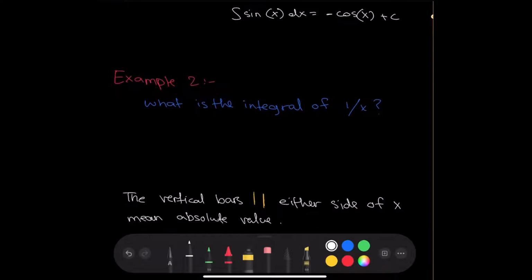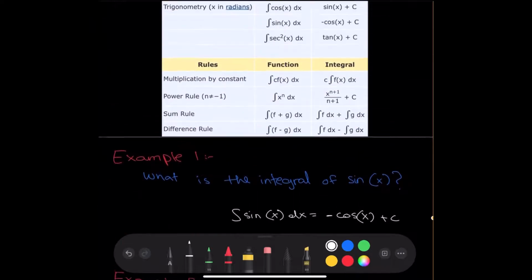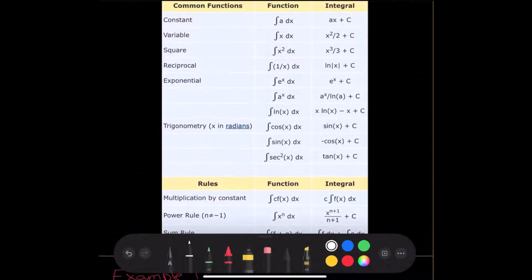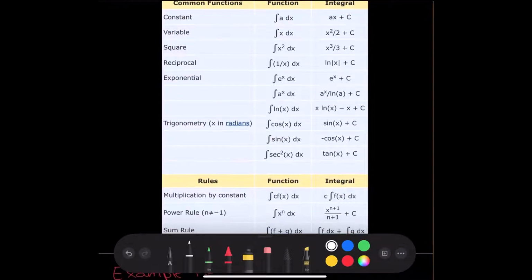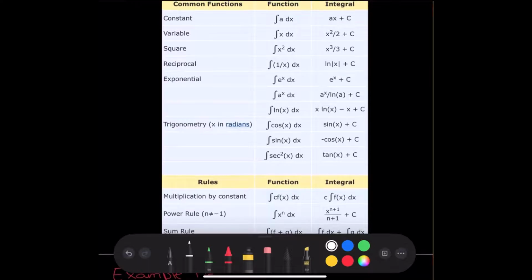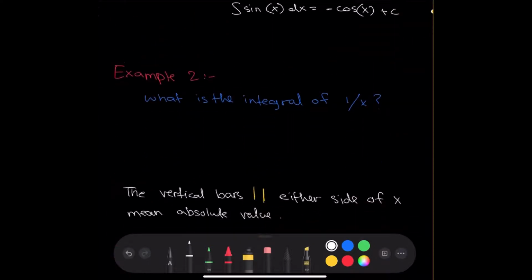So for example 2, what is the integral of 1 over x? If we look back here, 1 over x is equal to the natural logarithm of the absolute value of x plus c. So let's just write that down.